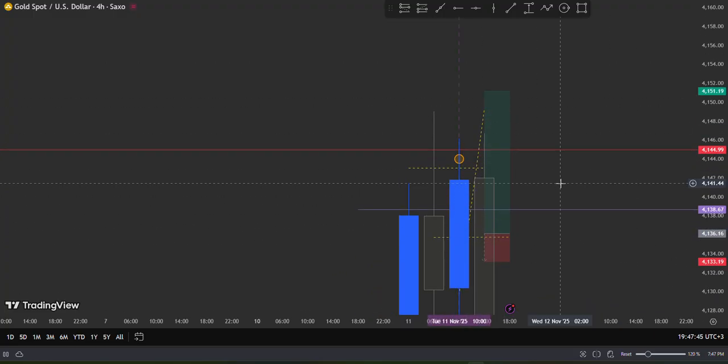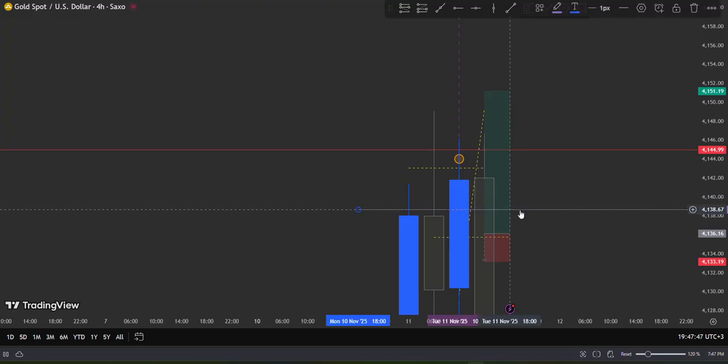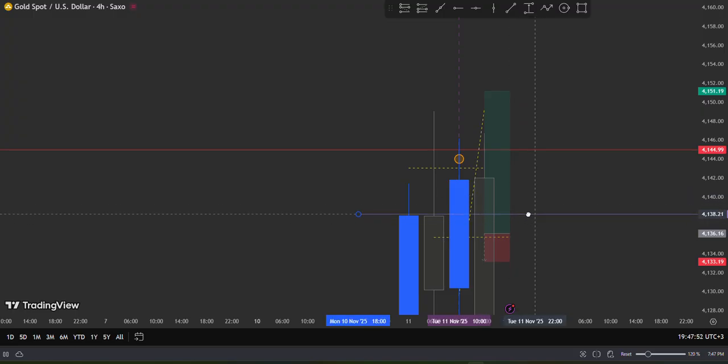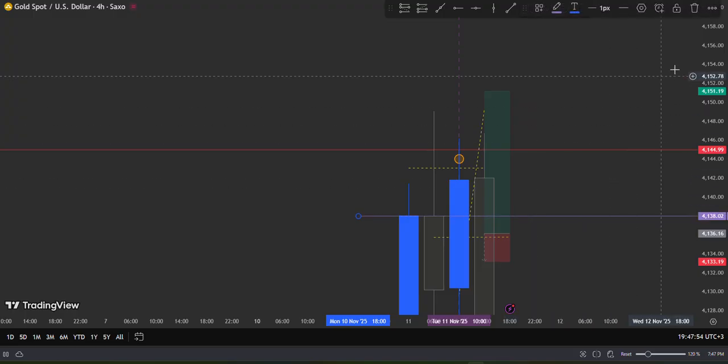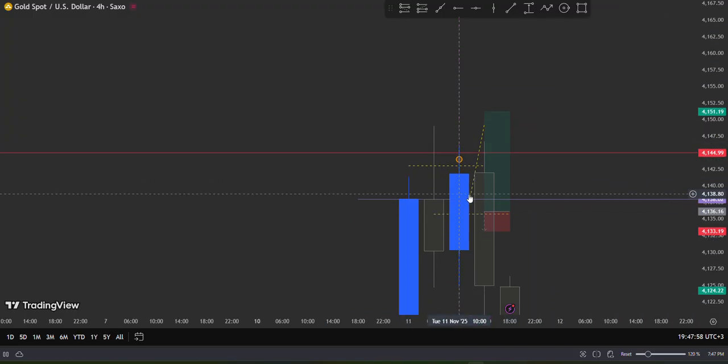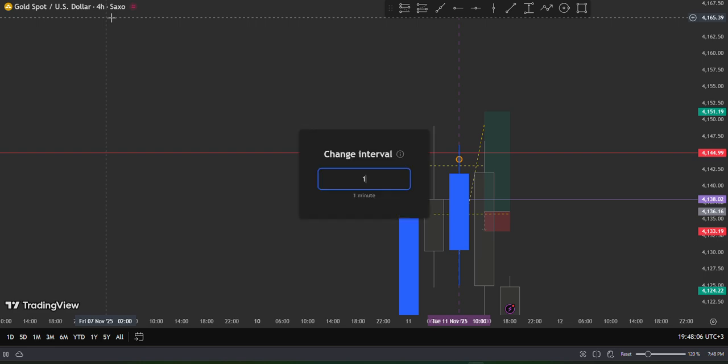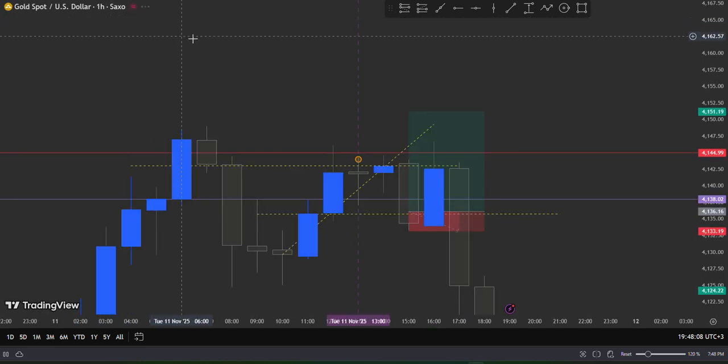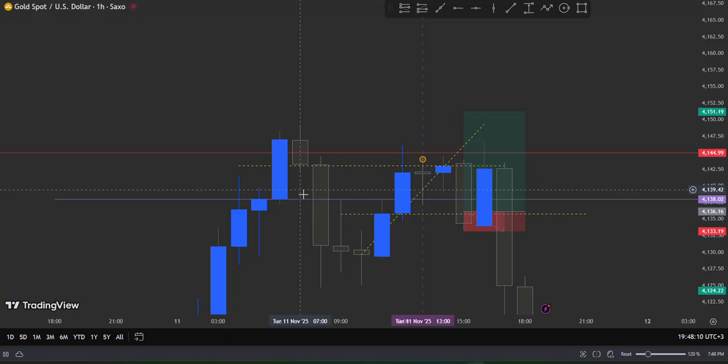I saw there was this support, this resistance zone here, which was on H4, and the market was going to tap it and go up, because when you go to H1, you can see this zone here.